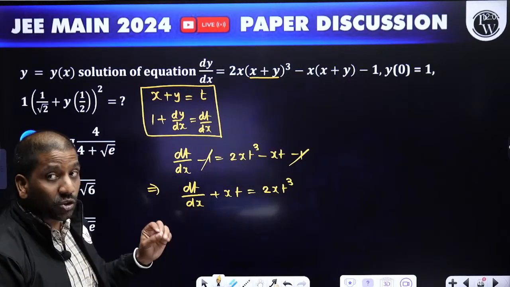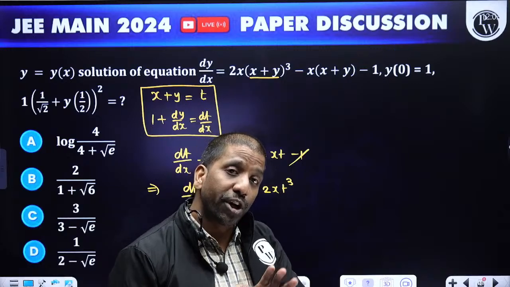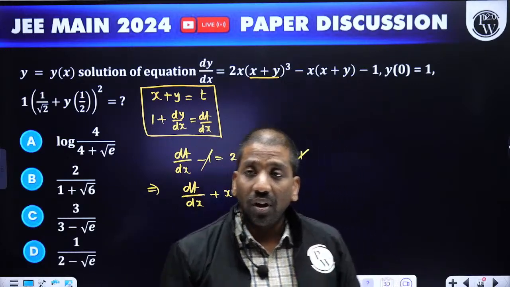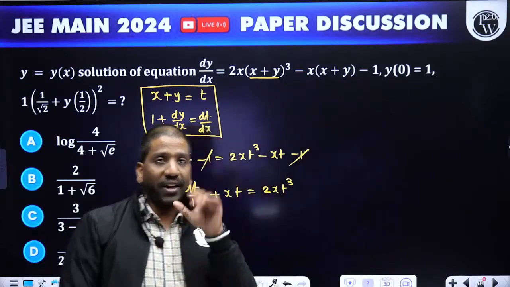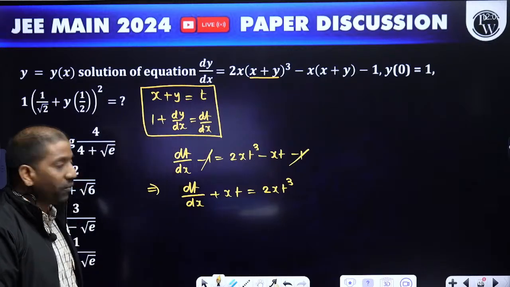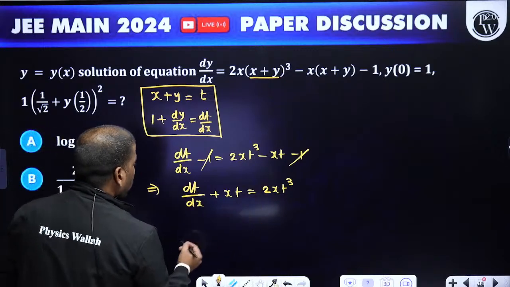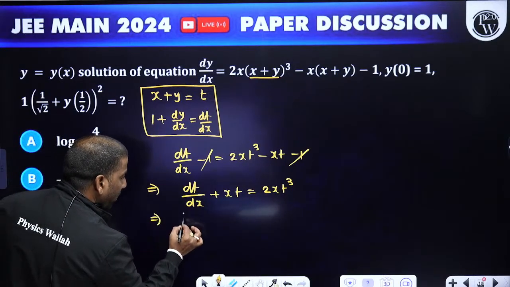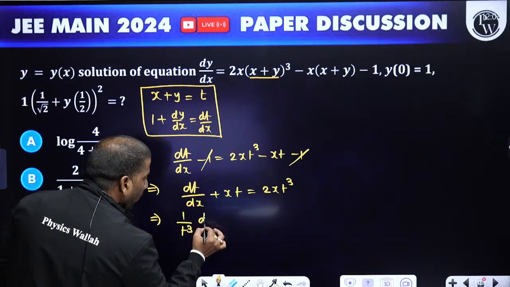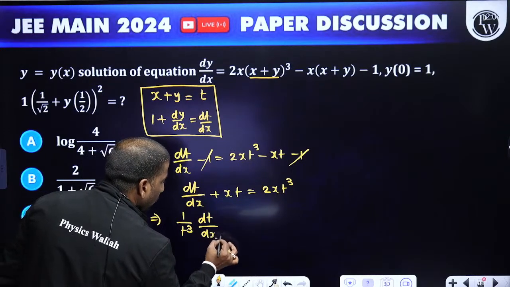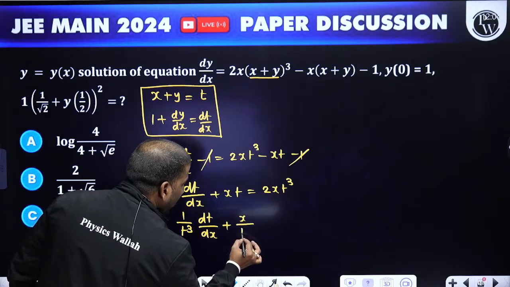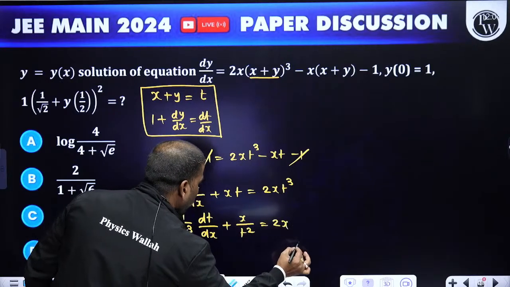So that means we learned not just linear equation, but reducible into linear equation. When we have reducible into linear equation, we divide on both sides by t cube. 1 by t cube dt by dx plus x by t square is equal to 2x.